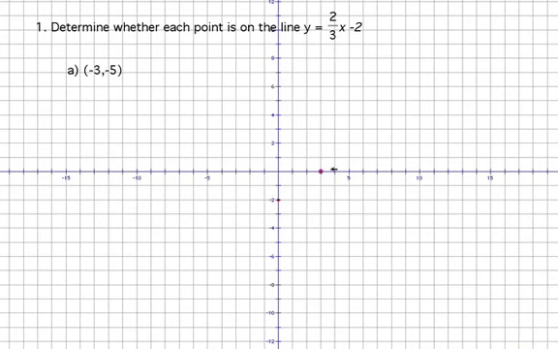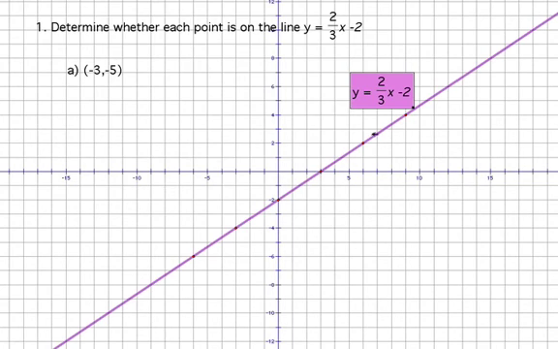And we plot another point, and we can just keep graphing with the rise of 2, run of 3, rise of 2, run of 3, etc. We can also go rise of -2 and a run of -3, because -2 over -3 is the same thing as 2/3, and so we keep plotting points. So the last thing we can do is draw a line and label the graph y equals 2/3 x minus 2.